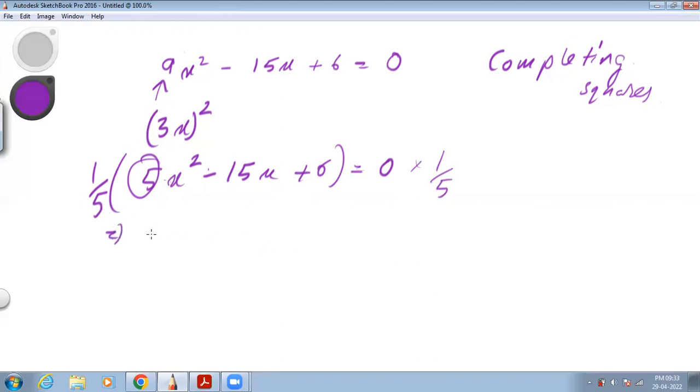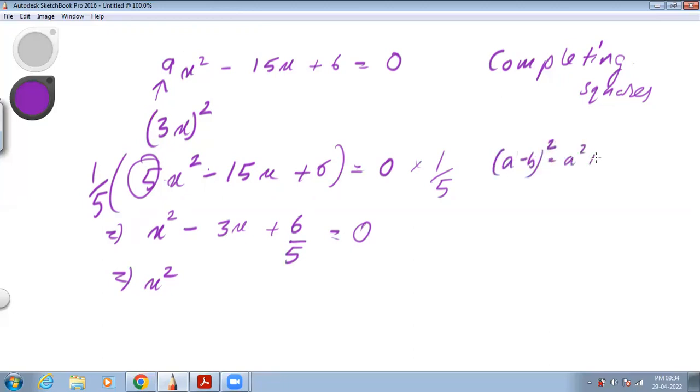So by doing that, the equation turns out to be x square minus 15 by 5 is 3x plus 6 by 5 equals to 0. Now you have got an equation. Now how do we further solve this? x square, now convert it in the form of a minus b whole square. A minus b whole square is actually how much? A square plus b square minus 2ab, right?